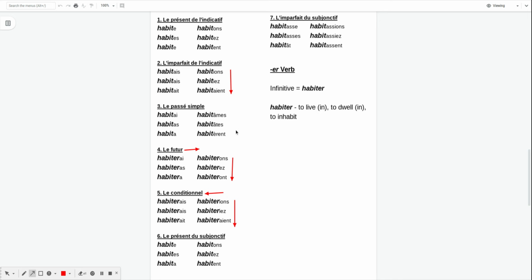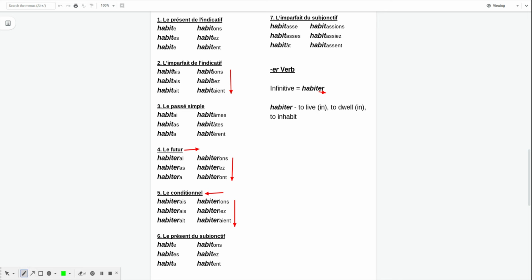So, like I was saying, the infinitive is used on the 2 tenses here, le futur and le conditionnel. In all other tenses, we have the infinitive minus the er being used.